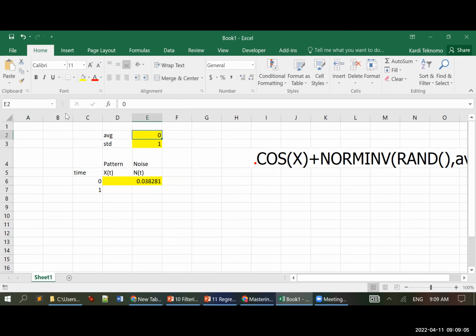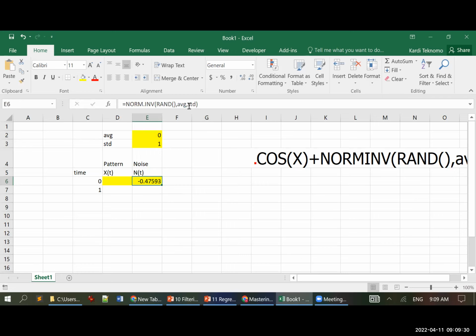Let's make it variable. I will put this as AVG, and the standard deviation here I will put as STD. I will change this to AVG and STD because I already gave the names.